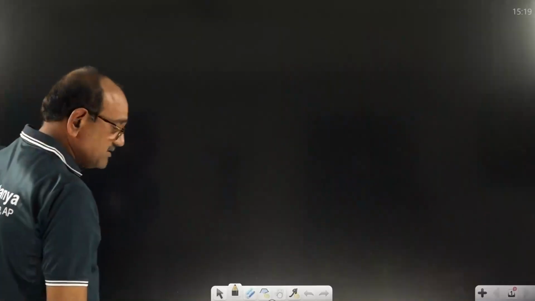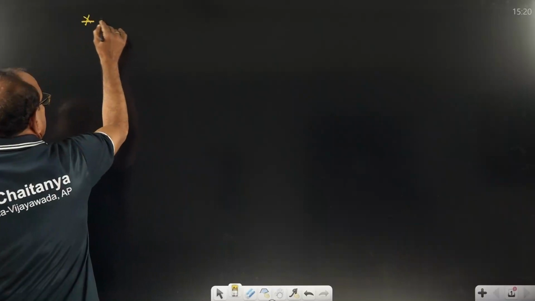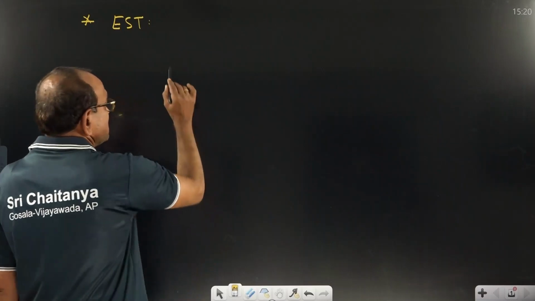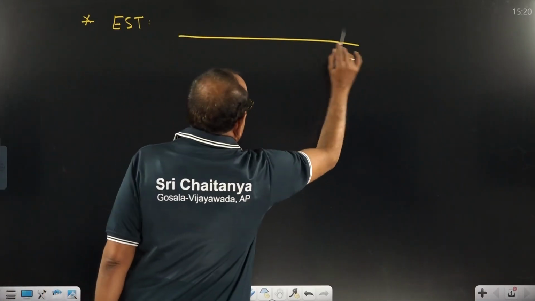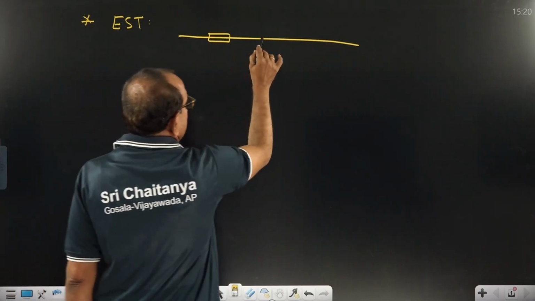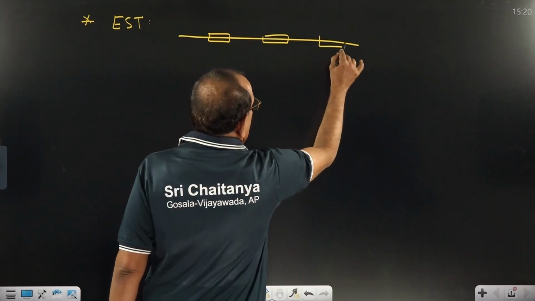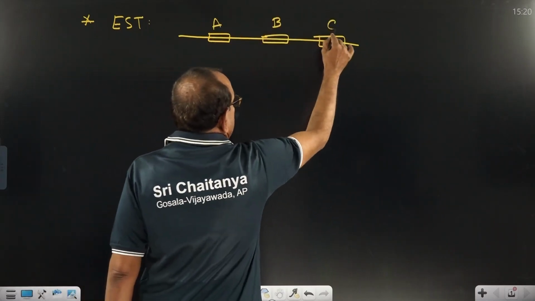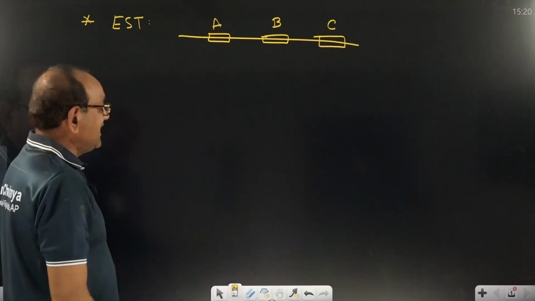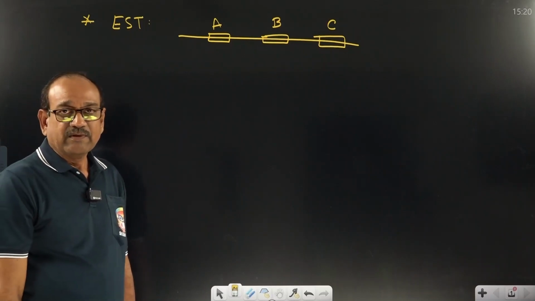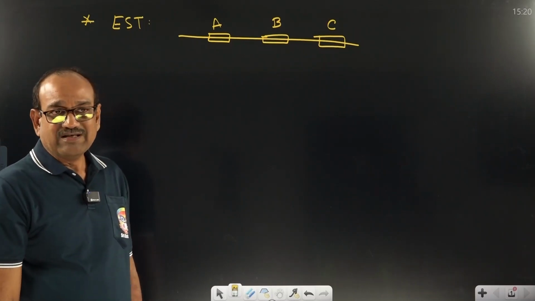Now see, there are two approaches. First approach is the EST, expressed sequence tags. What is this technique? See, this is a DNA. These are some genes. Gene A, gene B, gene C, like this. Expression means conversion of chemical information present in a gene into a useful product for a cell.